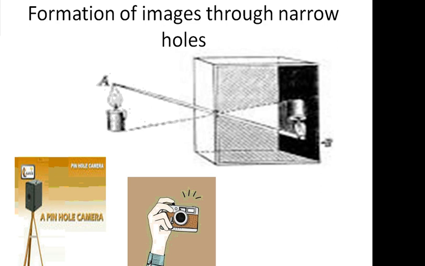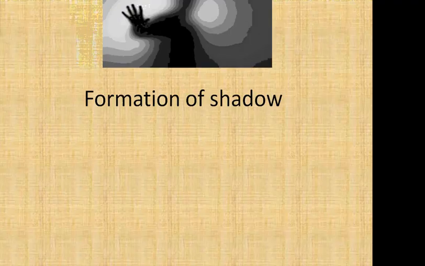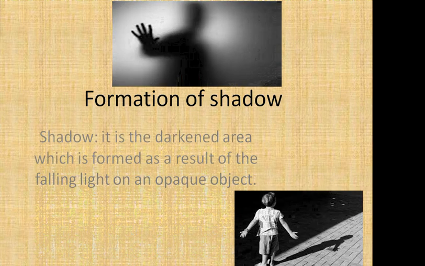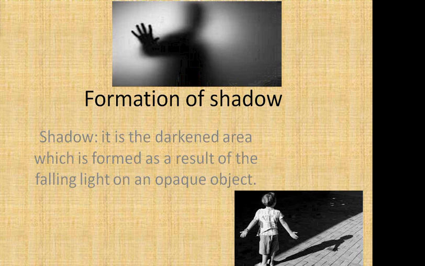The second phenomenon as a result of the movement of light in straight lines is the formation of shadow. What is the meaning of shadow? The shadow is the dark area which is formed as a result of light falling on an opaque object. What happens in the morning? The sunlight falls on your surface.